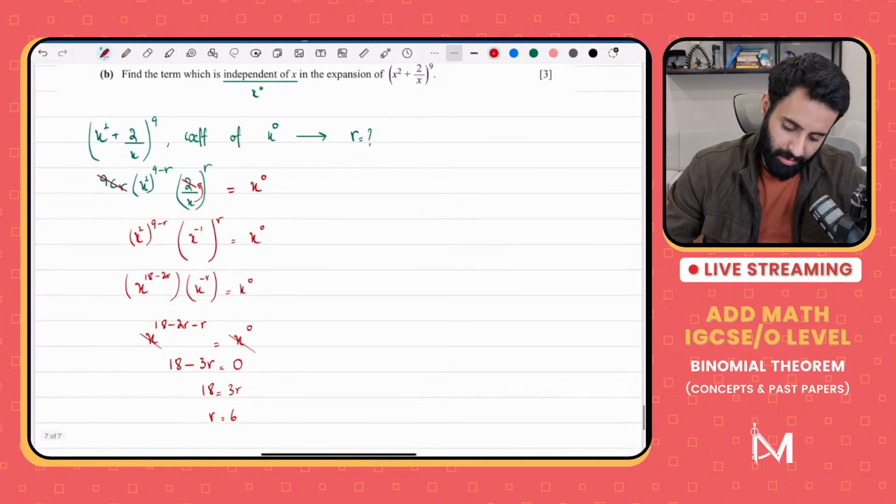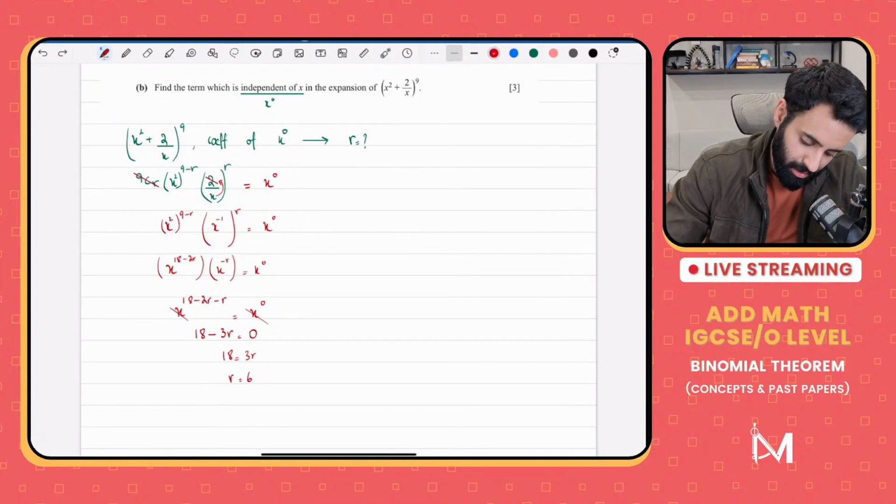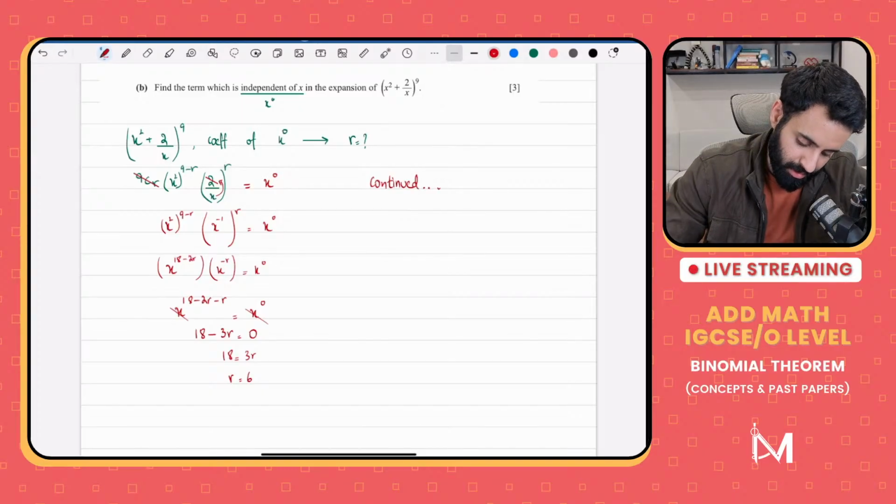Now we're going to go back and plug in 6 to see if it does indeed give us the term that's independent of x. So that means 9C6, x squared raised to the power 9 minus 6, which is equal to 3, and 2 upon x raised to the power of 6.